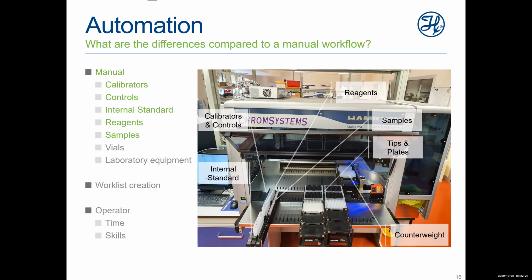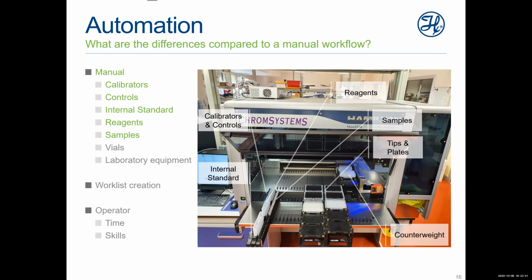The manual part consists in preparing the calibrators, preparing the controls, using the internal standard. The reagent and the sample are the part that is common with both methods, because we can't avoid using calibrator or internal standard or the reagent or the sample. But what changes is what we need then.